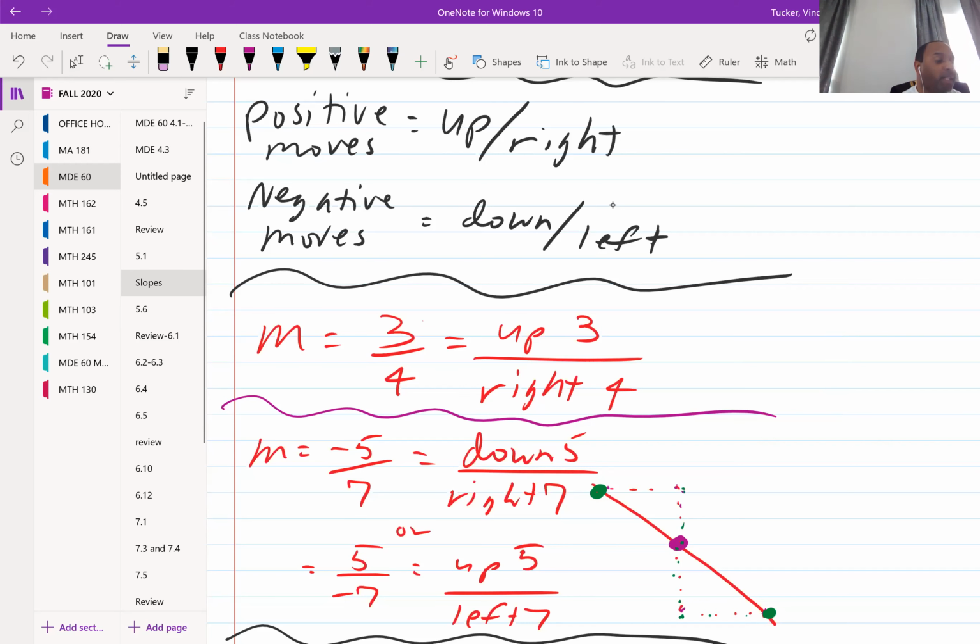But if you decide to give the negative to the bottom number, that means we have a +5 over a -7. So that's up 5, left 7. Either way, you'll still get the same result. Let me erase some of this on this line.